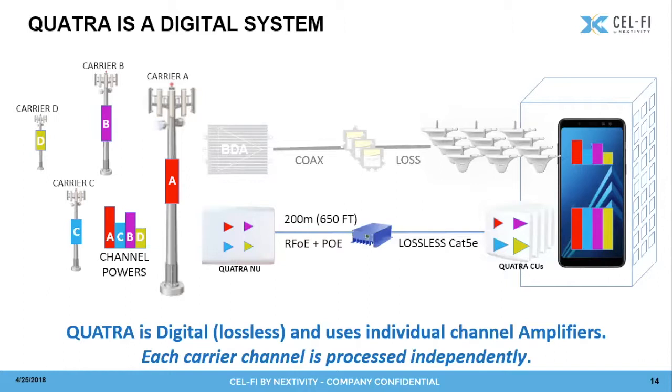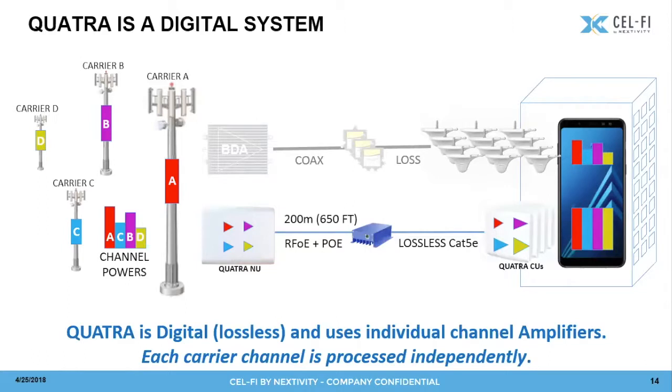Therefore, in this case, operator A that's coming in, carrier A that's coming in really strong, will simply apply less gain to it through the system, whereas the channels that are coming in from carrier B, C, and D at their respective lower levels, they don't get robbed by the power consumption that's occurring from carrier A. They each get gained independently.